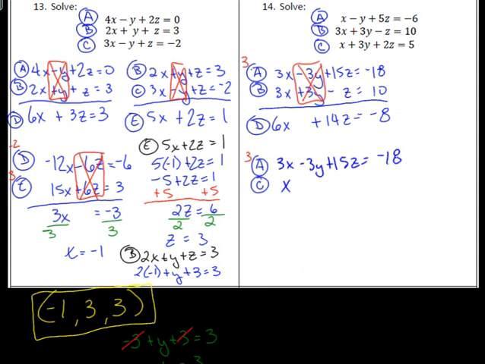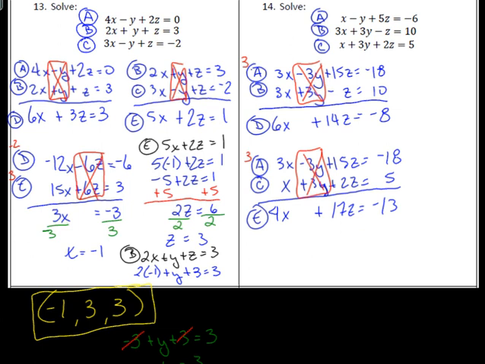The C equation does not need to be changed. And now add straight down, and in doing so my y variable has been eliminated, and I have 4x plus 17z is equal to negative 13, and that's equation E.